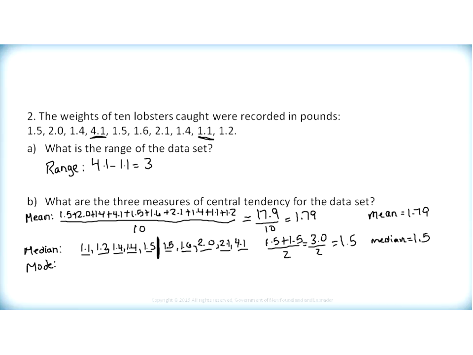My mode is the most commonly occurring number. Well, notice that 1.4 appears twice, and 1.5 also appears twice. Every other value is there once. So I'm bimodal. I have two modes. So my mode is going to be 1.4 and 1.5.